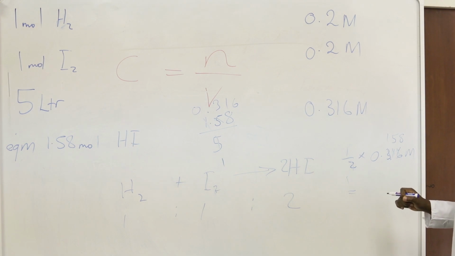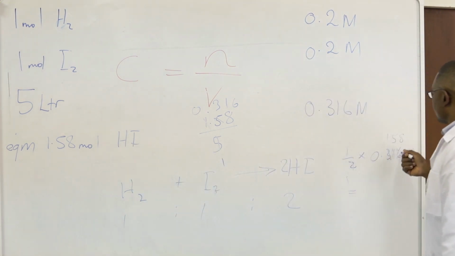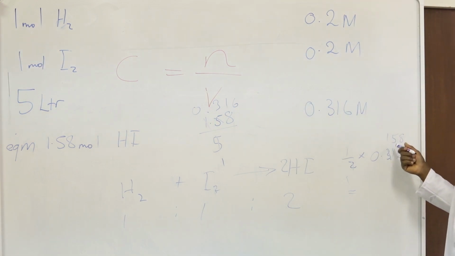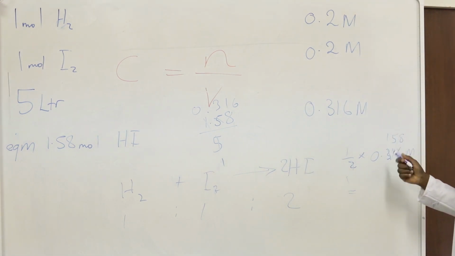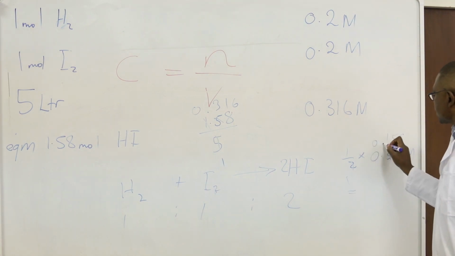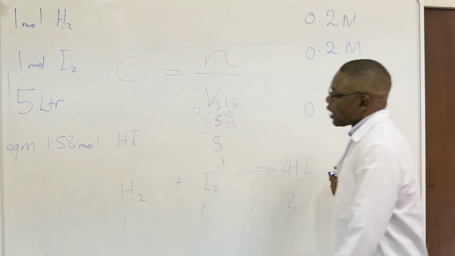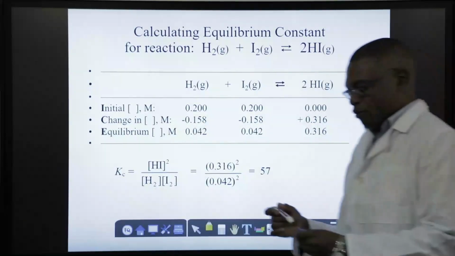It will look like we are repeating number of moles and presenting them as concentration. No, we are not. We are doing appropriate mathematical calculations. This is now a molar concentration, not number of moles, so don't get confused.